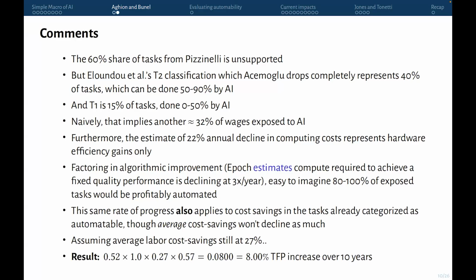If we take the previous Acemoglu number of 20% of wages exposed to AI, add this 32%, so we have 52% exposed, 100% profitably automatable, and use this number, then you get an 8% TFP increase over 10 years. So the point of all that is, again, not that we should take these numbers super seriously, but that it's very plausible to get an order of magnitude larger estimates. You don't have to make any crazy assumptions about the trajectory of AI.